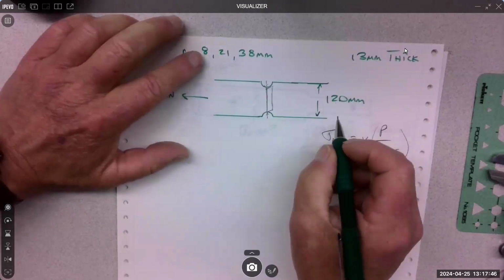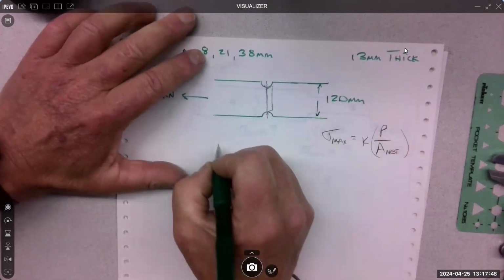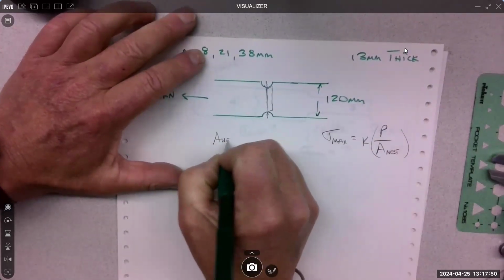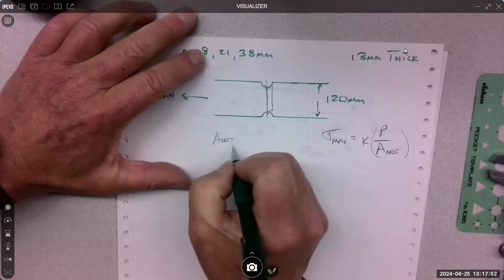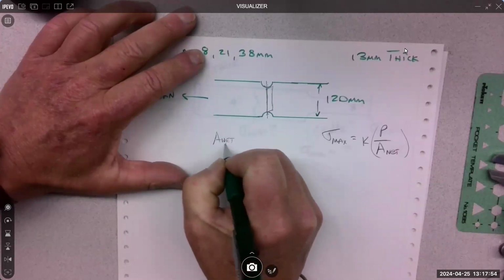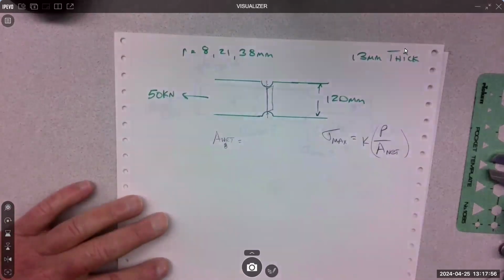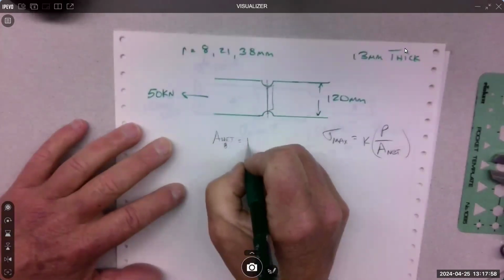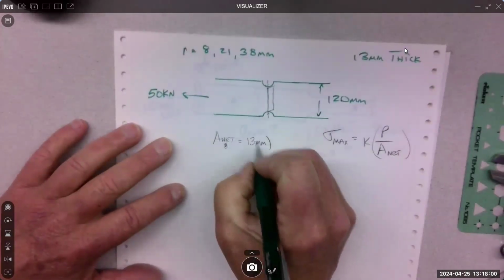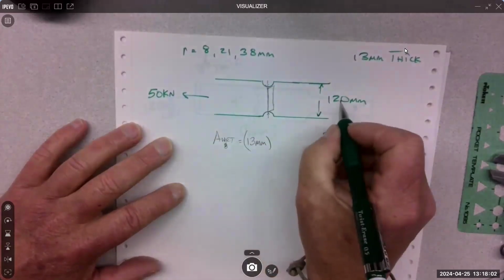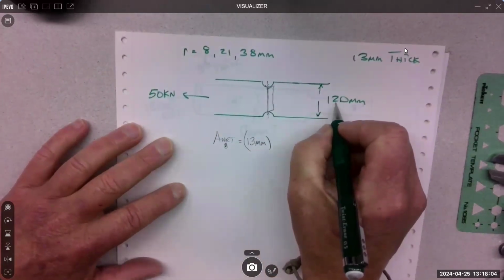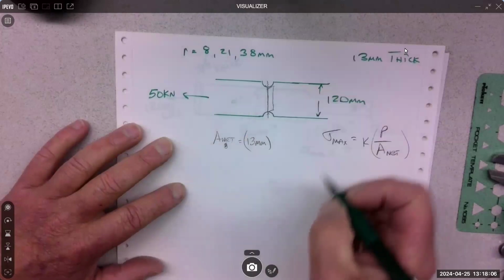So for the 8 radius, area net is going to be 13 millimeters times 16 less than the 120, right? Because we have 8 here and 8 here.